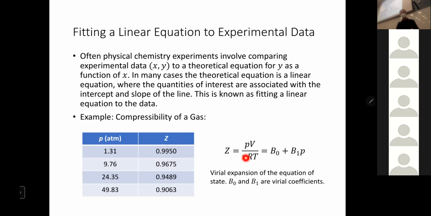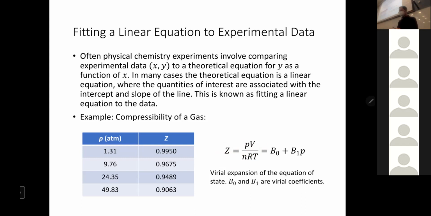But if you do this experiment on a real gas, you might get some value other than 1. But you would probably expect, so most gases behave like ideal gases in the limit where pressure goes to 0, in the limit of low pressure. So you would probably expect this z ratio to equal 1 in the limit of low pressure. But if you increase the pressure to some very high value where you would observe non-ideal behavior, then you would expect it to deviate from 1.